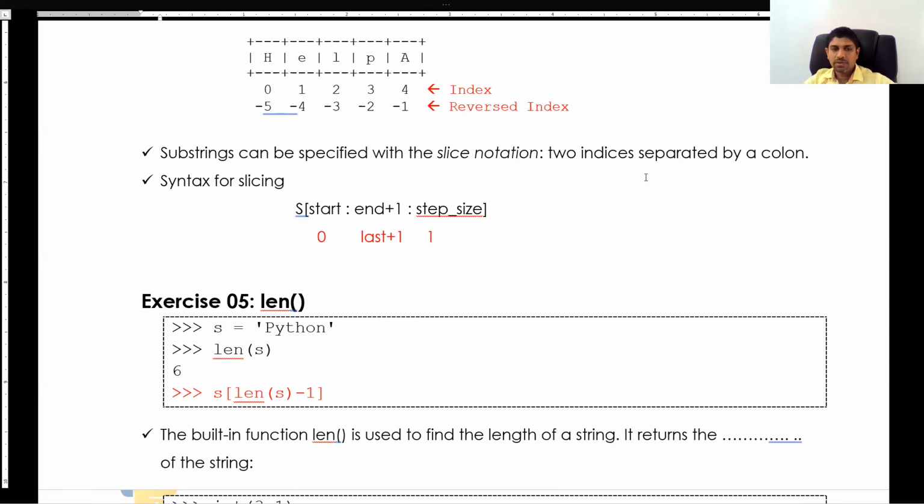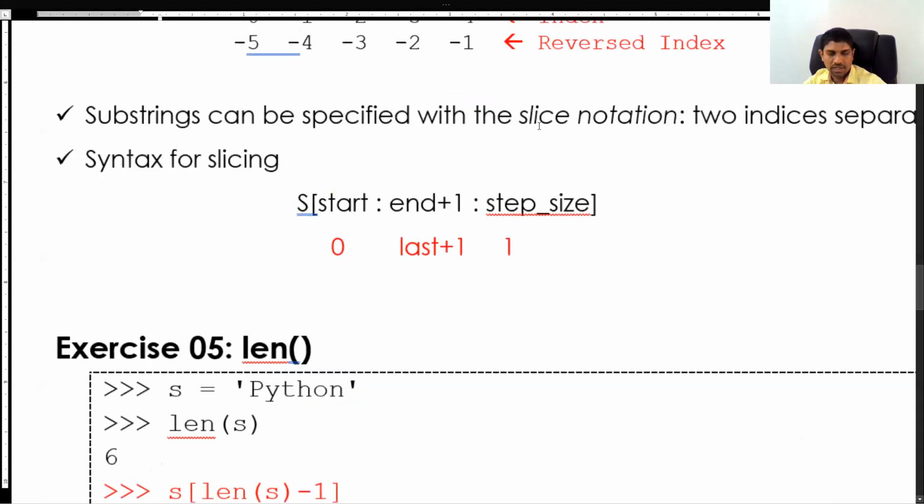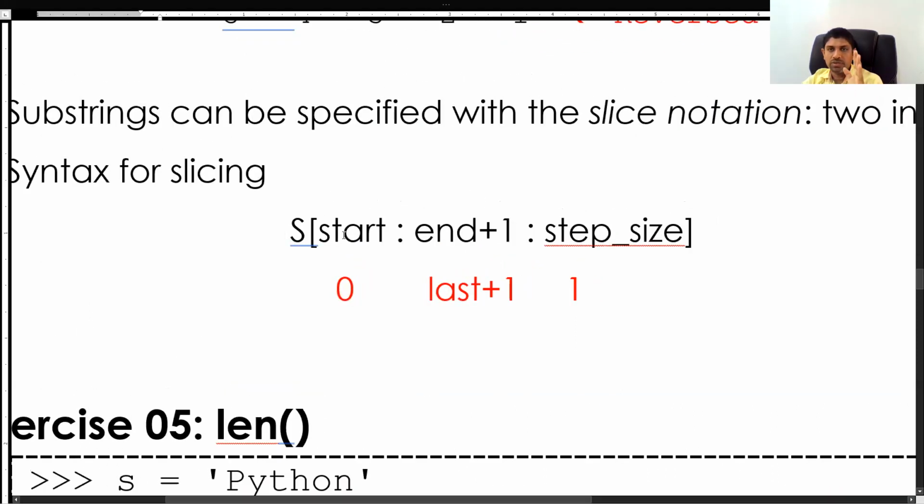This is the syntax for slicing. You have to put the string name within the square bracket. You have to put the starting index, and you have to put the end. If you want to end at 5, you have to use 6, right?